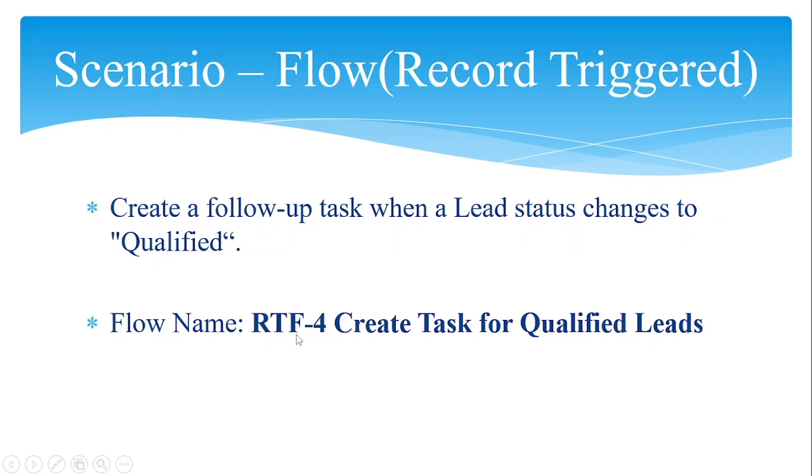Record Triggered Flow 4: Create Task for Qualified Leads. So let's automate the process and create a follow-up task when the lead status is updated to qualified. Let's do this by using a record triggered flow in Flows.